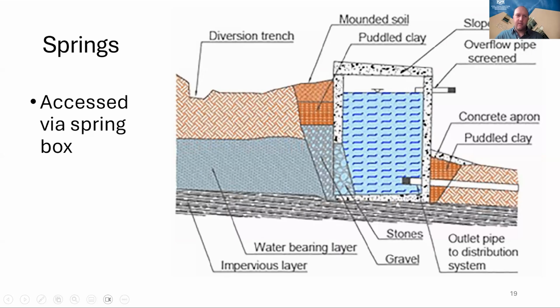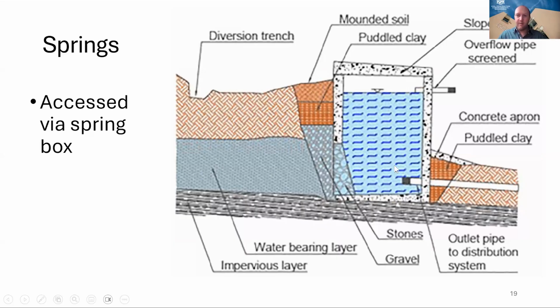Then this spring box has been constructed partially underground, so the water flowing from the aquifer flows directly into this box. This box is ideally sealed from the outside, so it is still considered groundwater. And then there's a pipe going into the spring box, so the water in that box flows into the pipe and then into the treatment system.